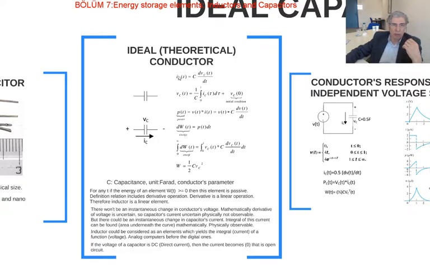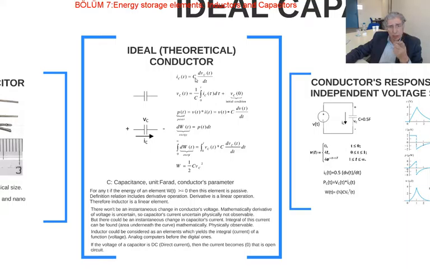So this is the definition relation, and it has a derivative in it. Because of this derivative, the equations that we are going to solve for analyzing circuits which include L and C elements are going to be differential equations rather than linear equations. That is the reason.